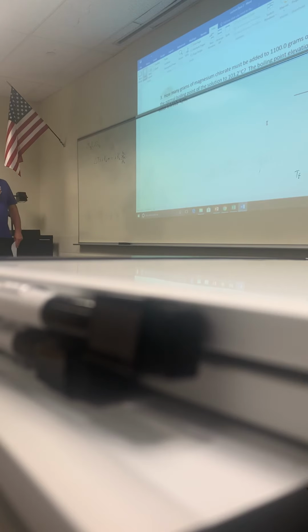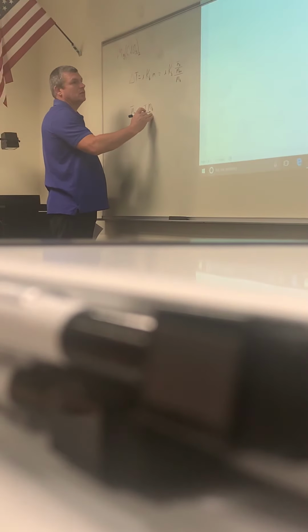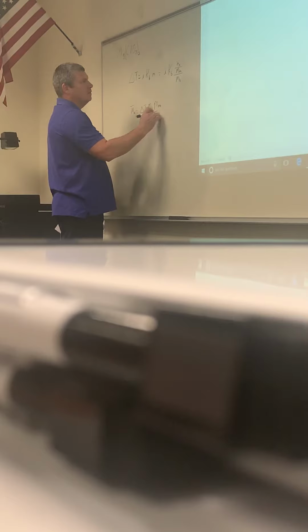And what am I trying to find here? Mass of solid. So M sub A equals delta T times the mass of B, we'll have to follow our units, times molar mass of A, divided by I times K B. Delta T here, what's the normal boiling point of water?